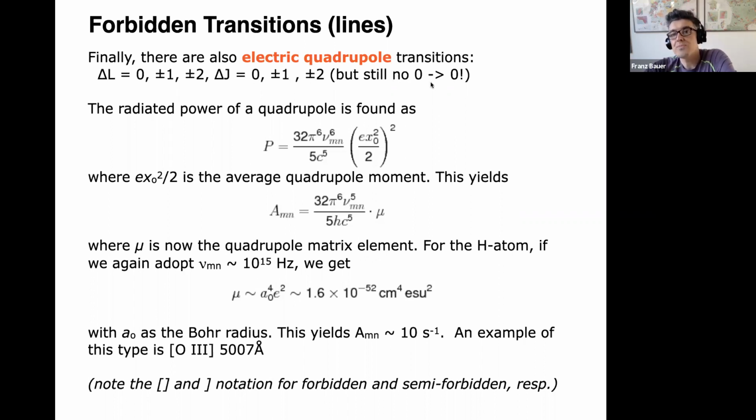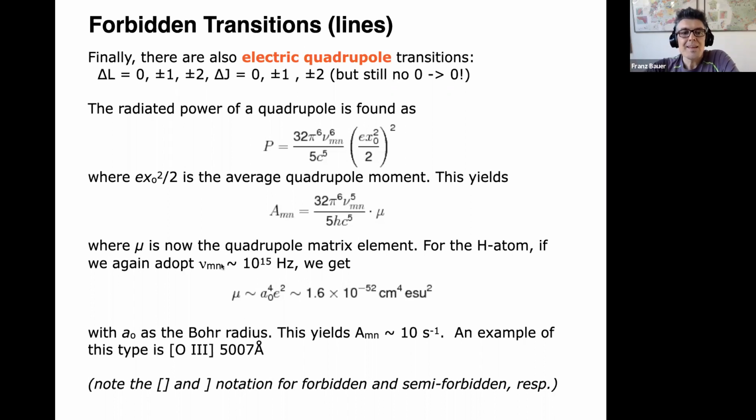But still, you exclude the 0 to 0 possibility. And so here the radiated power for a quadrupole would go as the frequency to the 6th power now. And then you have this thing here, which is the quadrupole moment, which we can denote by this, again, a quadrupole matrix element.